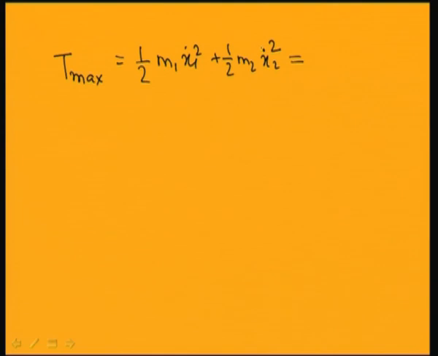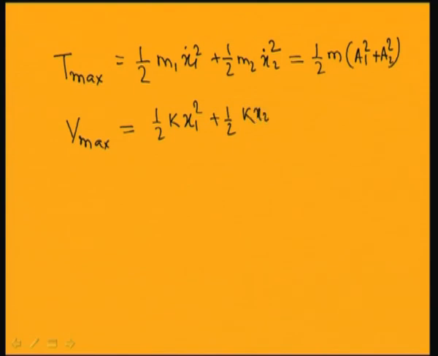So, for the first mass the maximum velocity is a1 omega, and for the second mass it is a2 omega. As I am taking the masses the same, it will be equal to half m a1 square plus a2 square, omega square. Similarly, I can find V max, the maximum potential energy, which will be equal to half k x1 square plus half k x2 square.